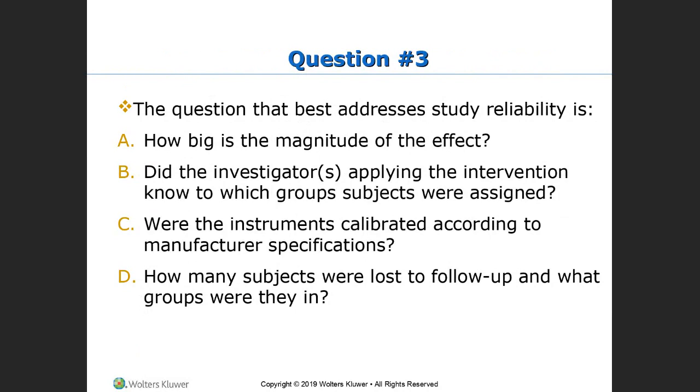The question that best addresses study reliability is, what is the magnitude of the effect? Did the investigator apply the intervention know which groups were assigned? Were the instruments calibrated according to the manufacturer's specific information? Or how many subjects were lost to follow-up and what groups were they in?